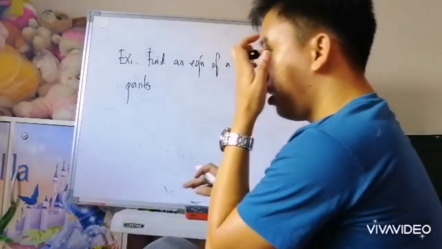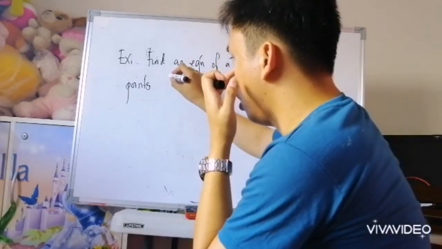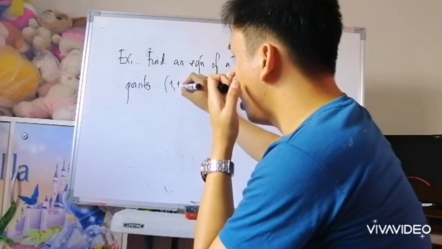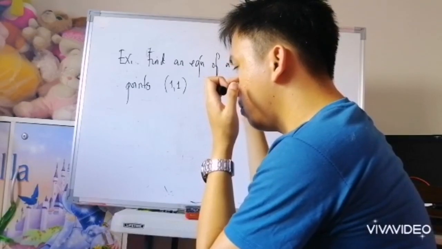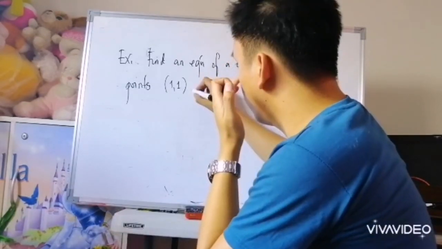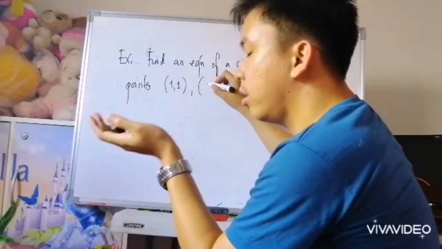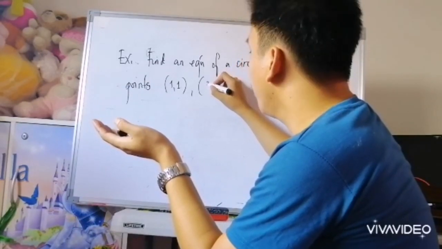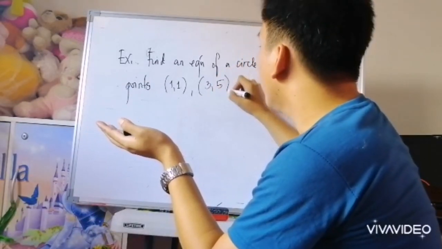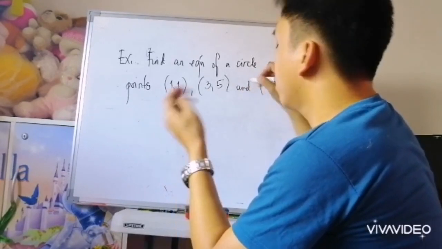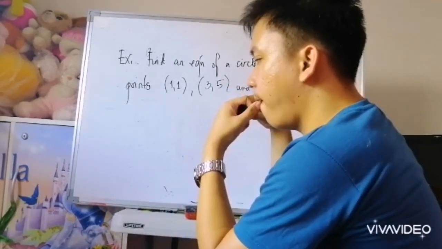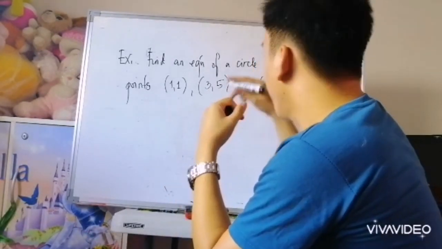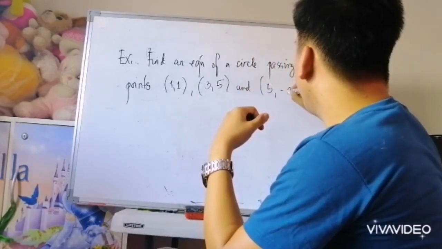Let's think of a point, let's say (1, 1), (3, 5), and (5, -2).